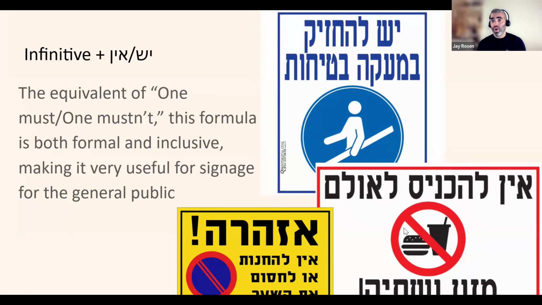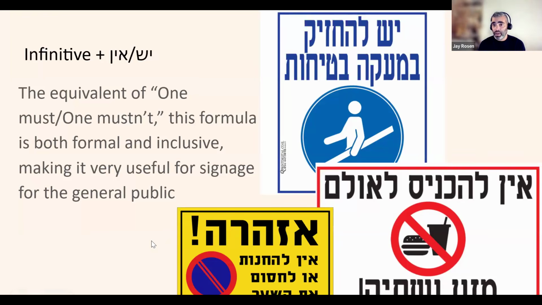One must not enter the hall with mazon ushtia. Mazon, food, shtia, drink. If I didn't know what any of those words mean, I know exactly from the picture. So it's already helping us there. Same with the one over here.